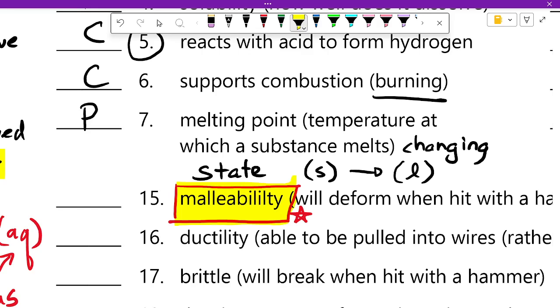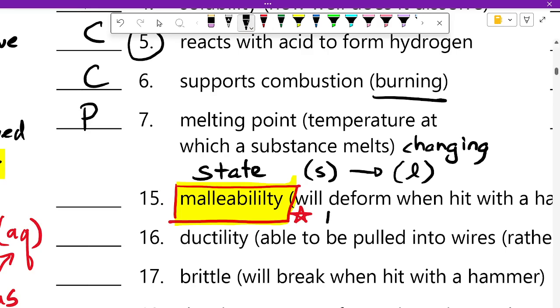Malleability means it's going to deform if you hit it with a hammer. So imagine that you are a blacksmith, yes? And you've got a piece of iron, and you're hammering away on that iron. Is that iron going to shatter, or is it going to just deform a little bit? It's going to deform.